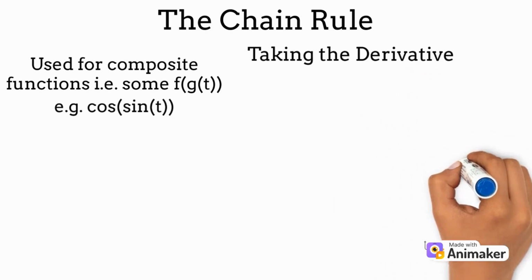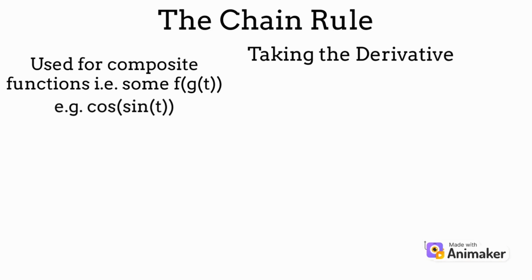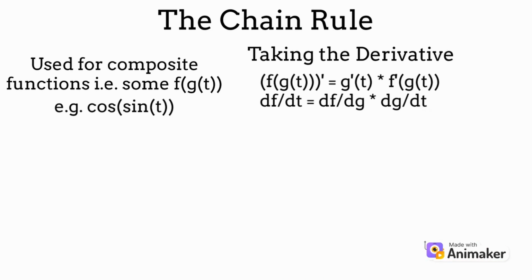So when we take the derivative of this, f prime, we'll need to take g prime of t times f prime of g of t. And the way we can think about this, it's easier to view in the fractional way that we were looking at. So we can say df dt is equal to df dg times dg dg dt.